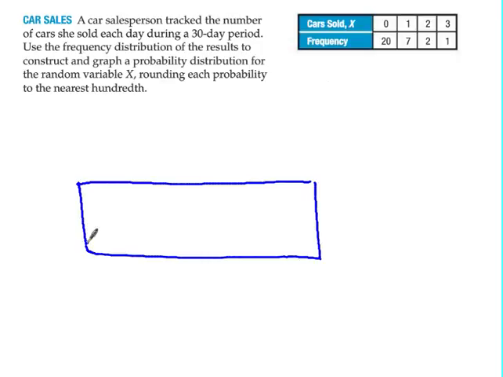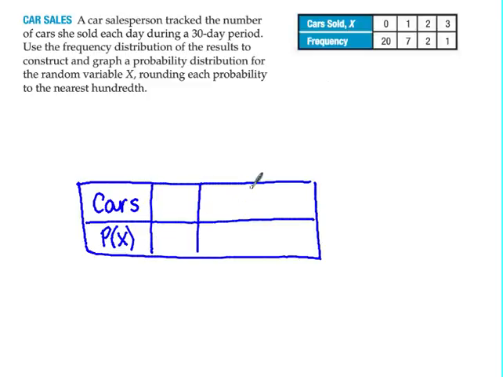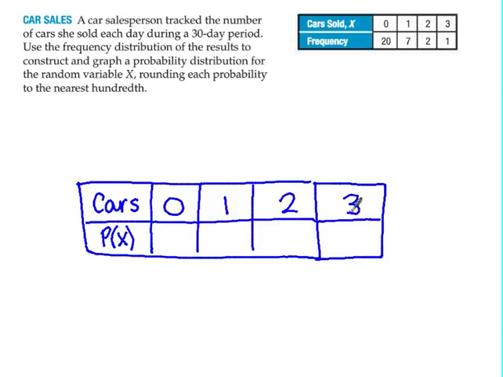I start with my cars, and then this one will be P of X. How many columns will I now have? 4, very good. So 1, 2, 3, I'm going to add another one right here. 4. Okay, so the cars here will be 0, 1, 2, 3.